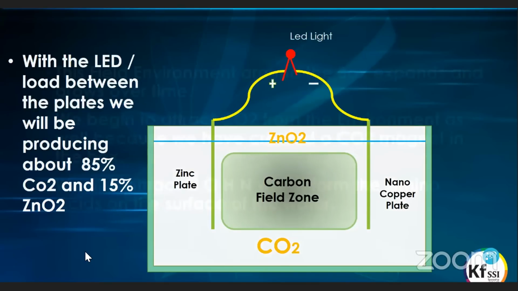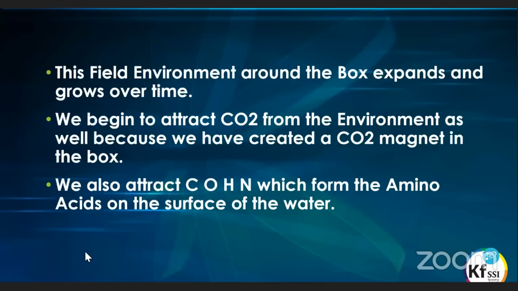What happens when you get your box going is you start creating a field environment around the box, and this grows over time. And because we've now started creating a small amount of CO2 in our box, this also begins to attract CO2 from the environment because it acts as sort of a magnet in the box. So we can also start attracting CO2 to clean up the environment.